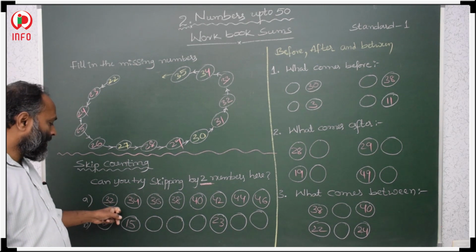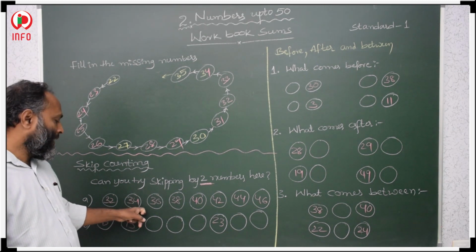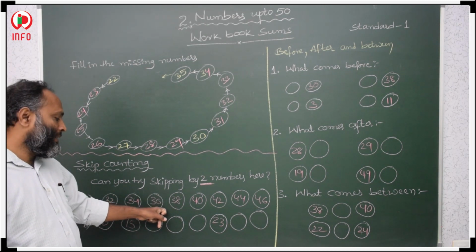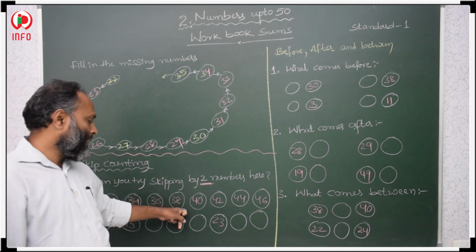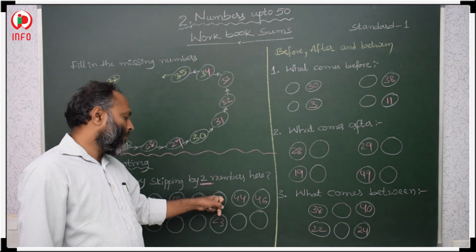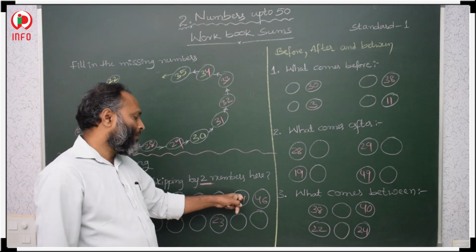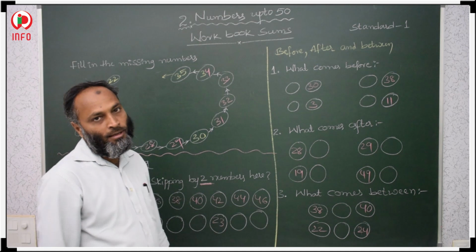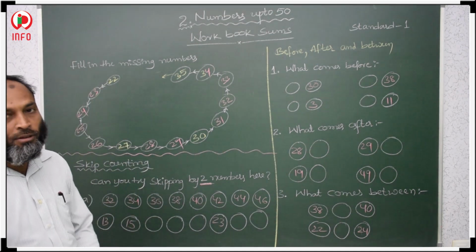32, 33 is skipped, 34, 35 is skipped, 36, 37 is skipped, 38, 39 is skipped, 40, 41 is skipped, 42, 43 is skipped, 44, 45 is skipped, 46. So like this we skip and write.